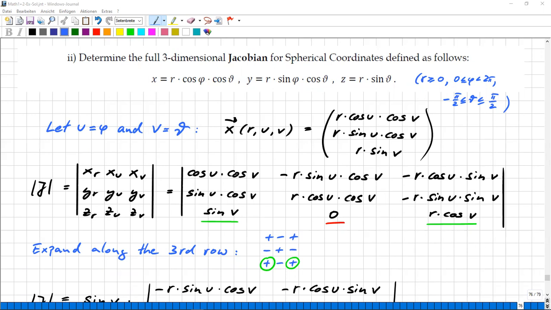Especially the matrix for Cartesian coordinates, which we call the Euclidean matrix, is quite simple. It's sufficient for a volume element, like dV, to multiply the differentials of the three Cartesian coordinates. But using spherical coordinates, it's not so simple anymore.